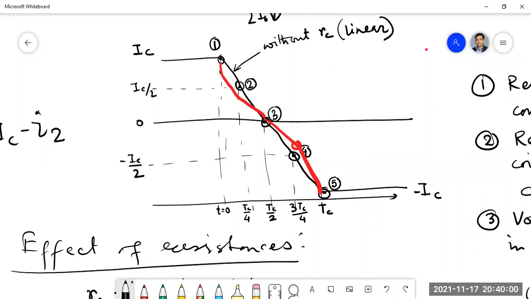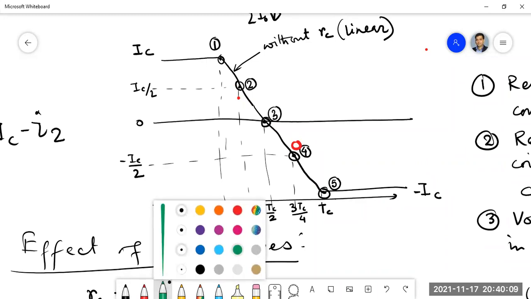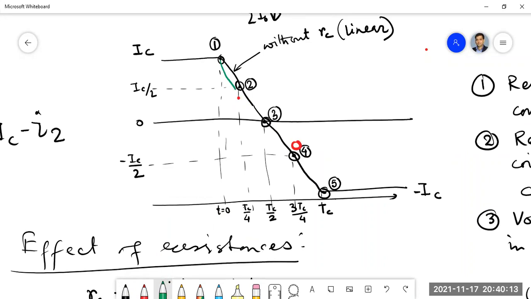Understood? Just a minute, it has become too thick. It's very difficult to draw on this type of board. Okay, so this is called the resistance commutation.